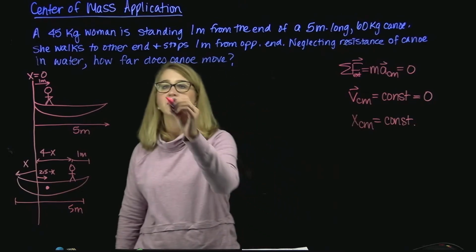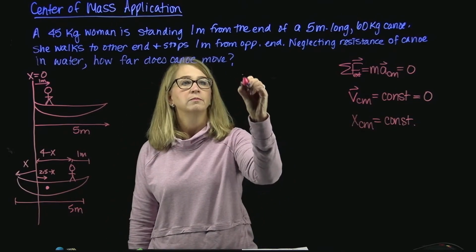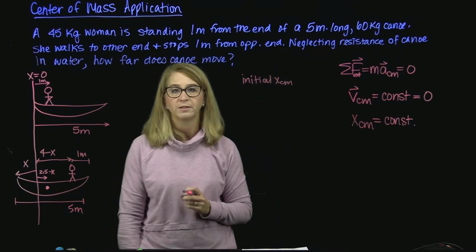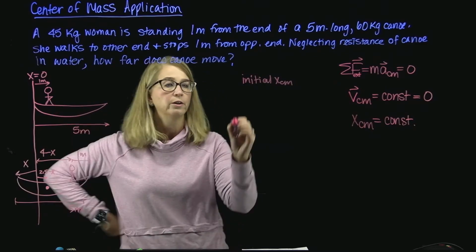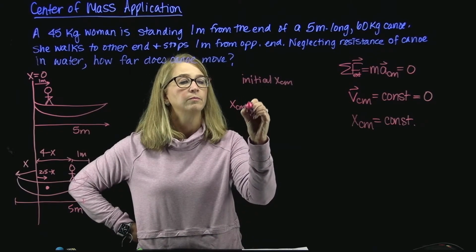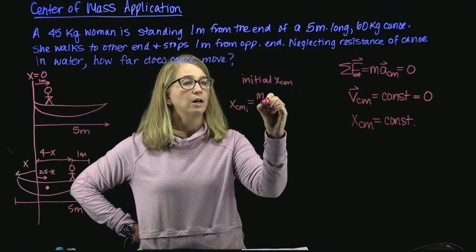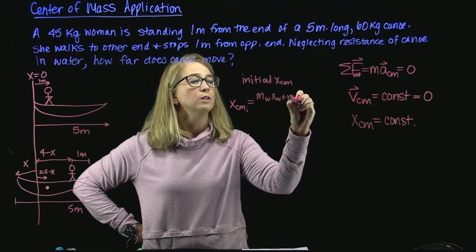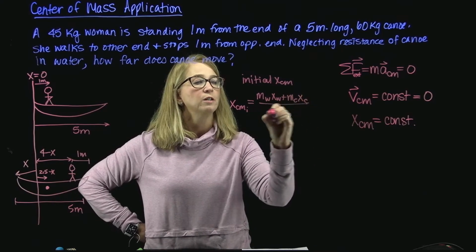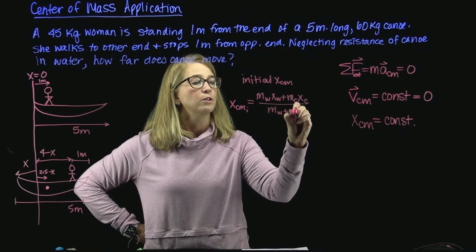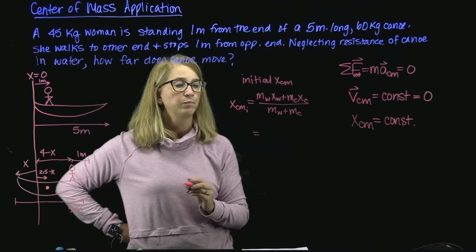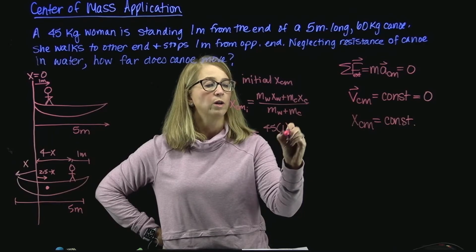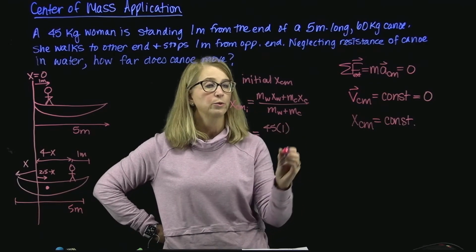So let's find out what the initial value of the center of mass is for this scenario. We had the mass of the woman times her position plus the mass of the canoe times its position, divided by the mass of the woman and the canoe added together. So she was 45 kilograms, located a distance of 1 meter from x equals 0.